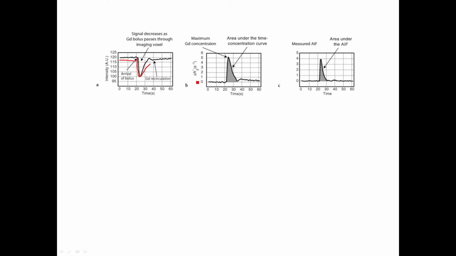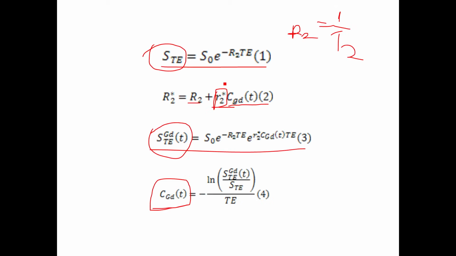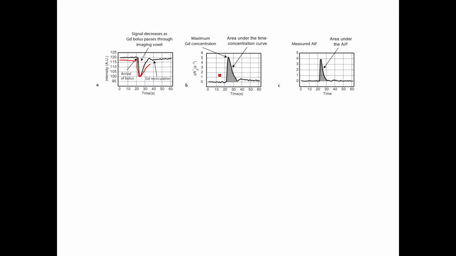In the B part, we can see the concentration plot, which is acquired from the formulation here. As you can see, when the signal drops, the concentration increases, and when the signal recovers, the concentration starts to decrease.